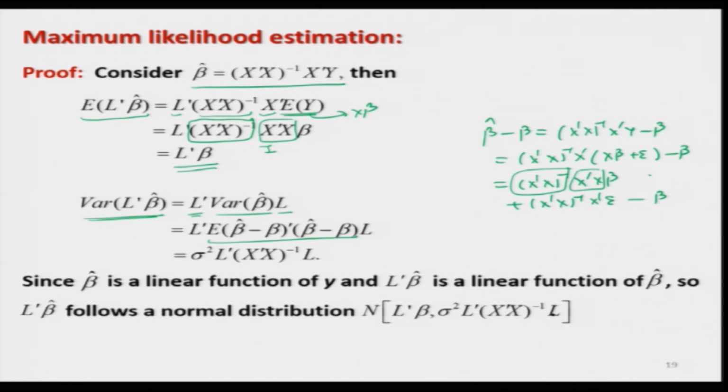So, this becomes I, and this β and β cancel out, and then you have (XᵀX)⁻¹Xᵀε.